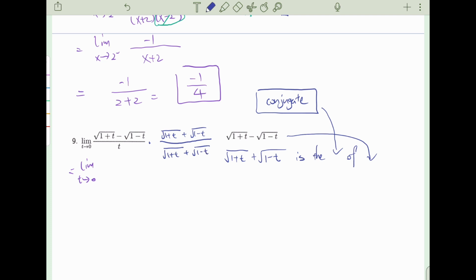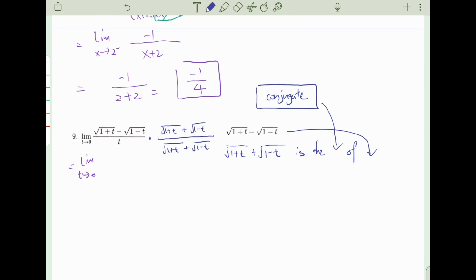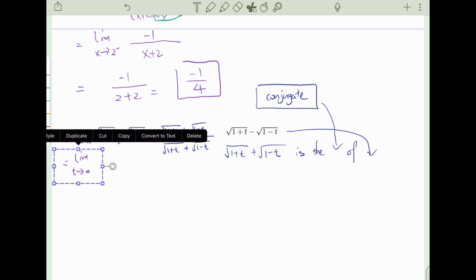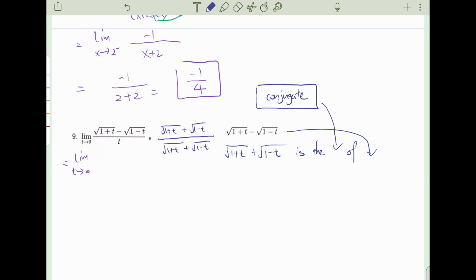The reason that we need to multiply the top and the bottom at the same time is because we don't want to change the value of the fraction. If we just multiply solely on the top or the bottom, then it's a completely different expression. So we make sure that this applies on the top and the bottom at the same time.